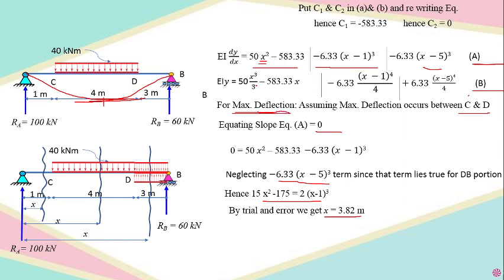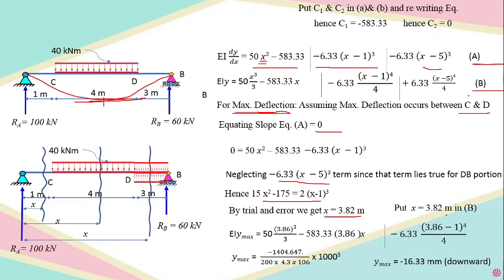So put x equal to 3.82 in equation number B, solve it, simplify it, and you will get the maximum deflection, which came out to be minus 16.33 millimeter. Why minus? Because it is in the downward direction. So this is the maximum deflection of magnitude 16.33 millimeter.